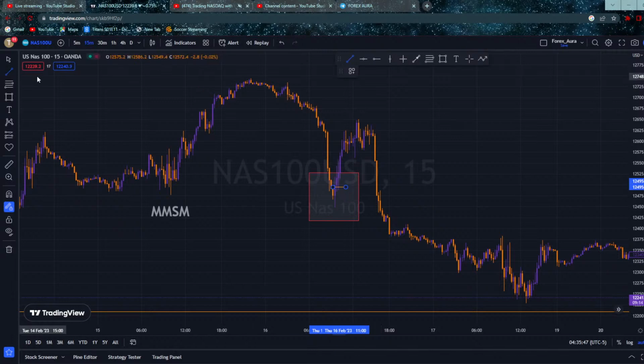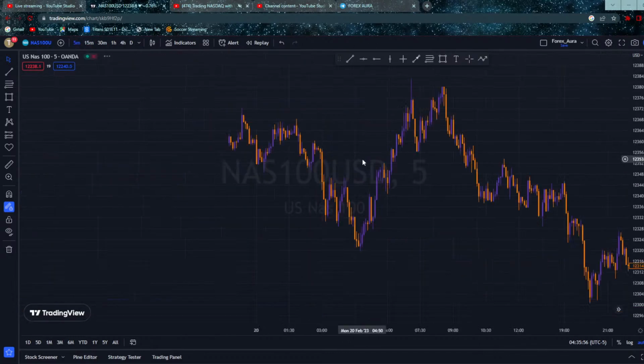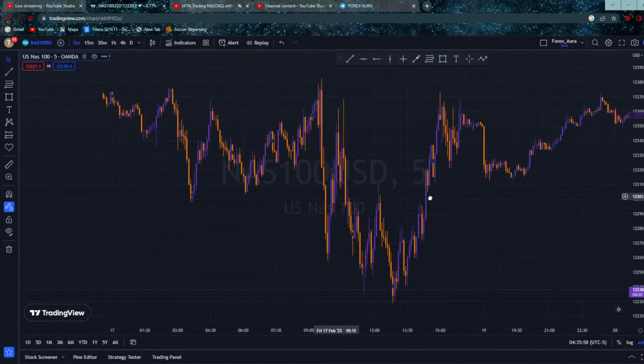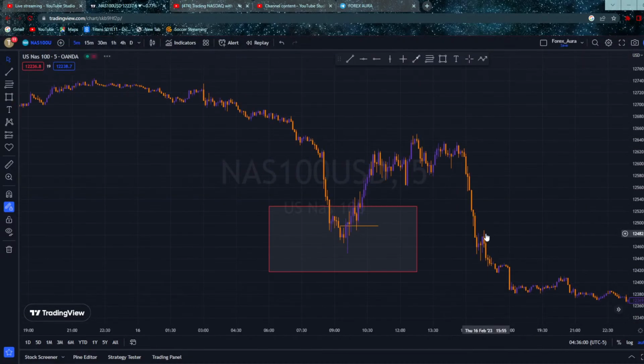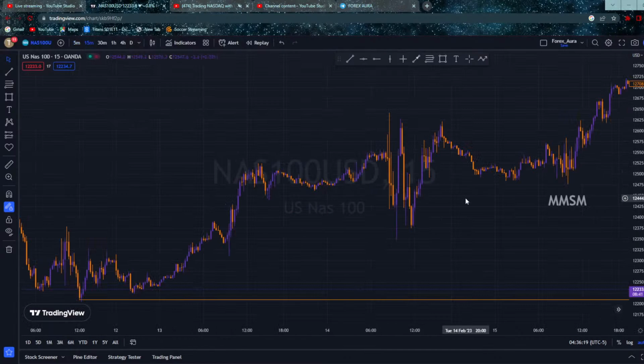Yeah, let's continue with the analysis that we are doing. I think I should drop these live sessions twice a week. So let's go to the lower time frame. Check it out. This from here is our order block, right? Market went above the order block, then retraced into it. Wait, before it could retrace into it, there's this one here. Let me see where the 15 minute candlestick ends.